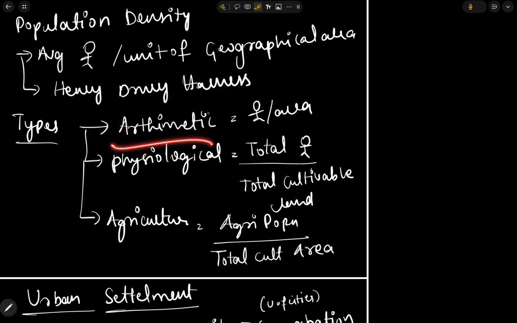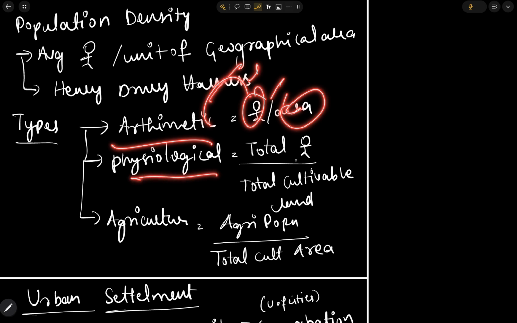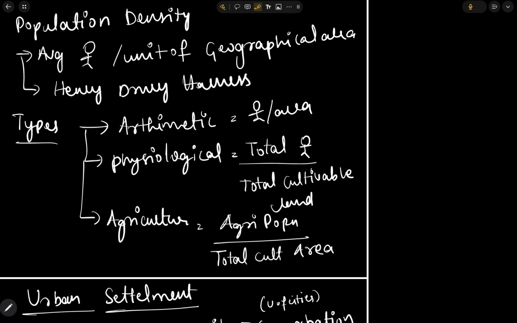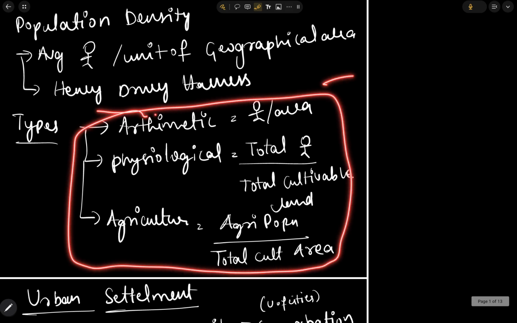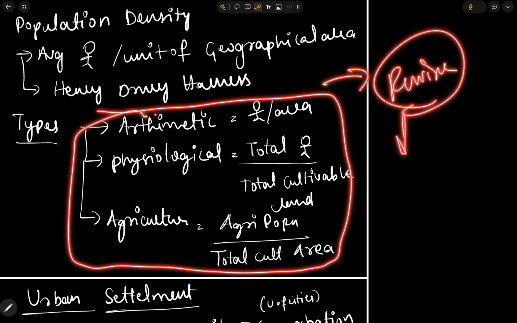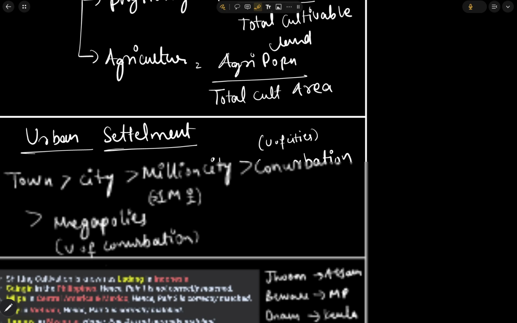For example, arithmetic is total population by total area, and physiological is total population by total cultivable land. This is very hectic and we tend to get confused. So we need to revise it frequently so that we remember and can perform well in our examination.